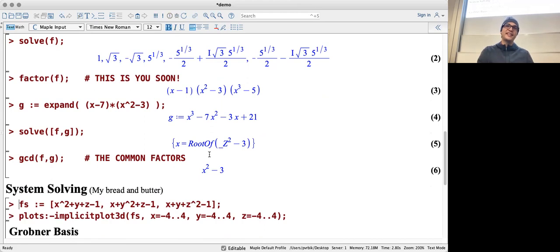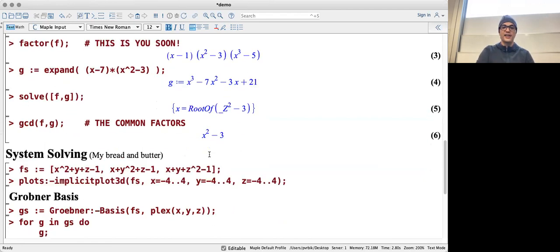The GCD in its generalized form over polynomials is actually doing system solving as well, by saying these are where the common roots are going to lie. So GCDs plus factoring is going to give you system solving. I've shown you how to solve single polynomials, and now we can solve systems of polynomials.